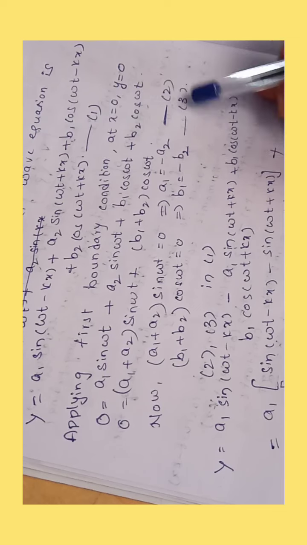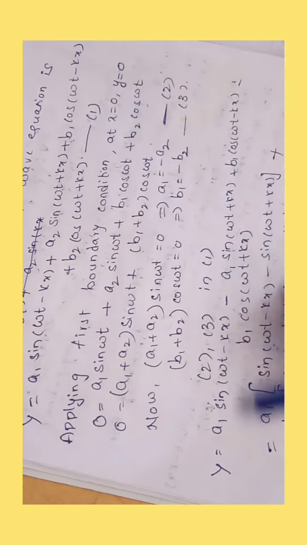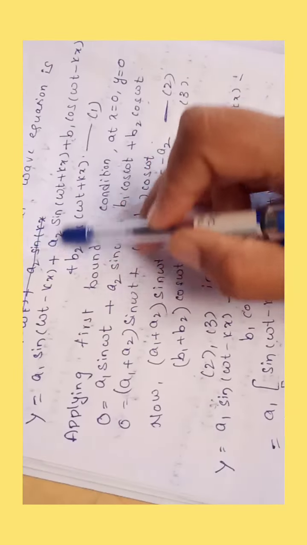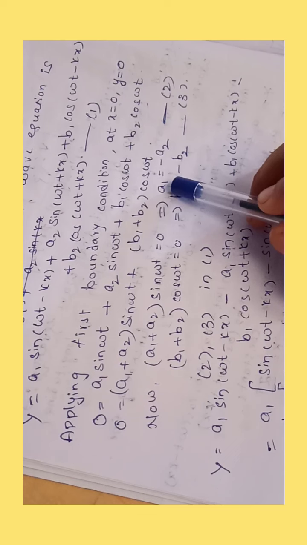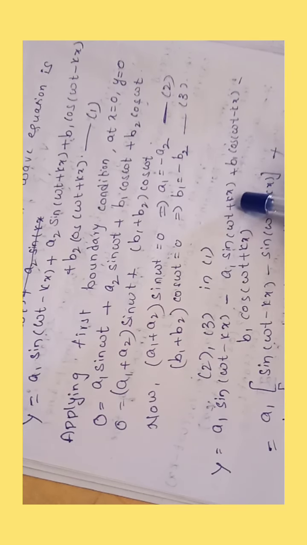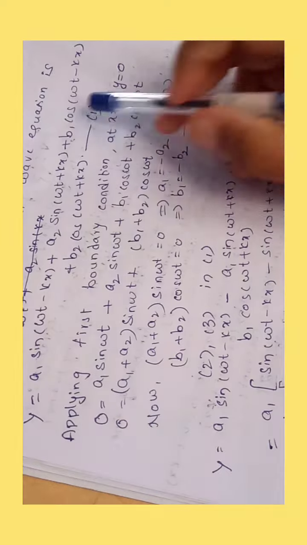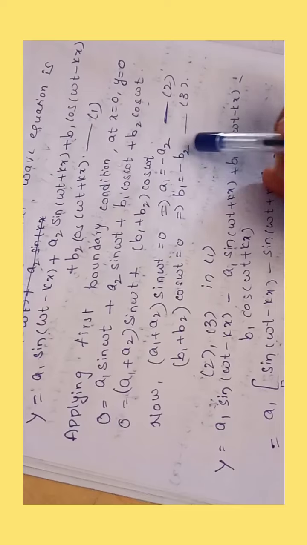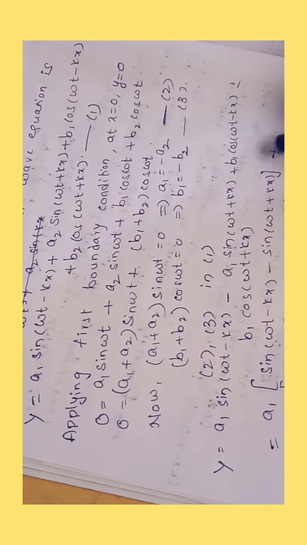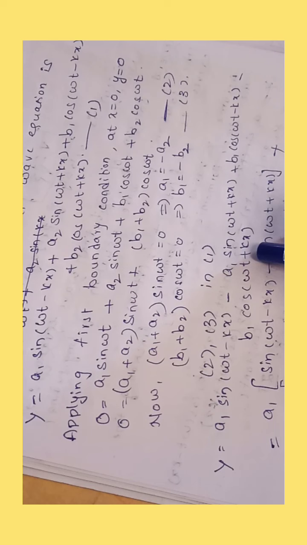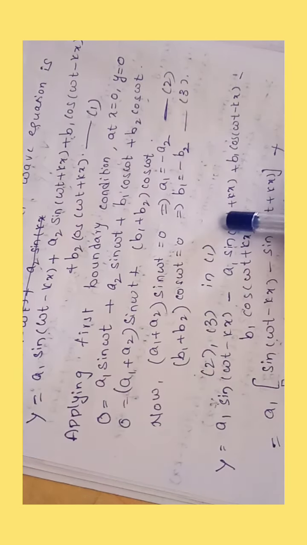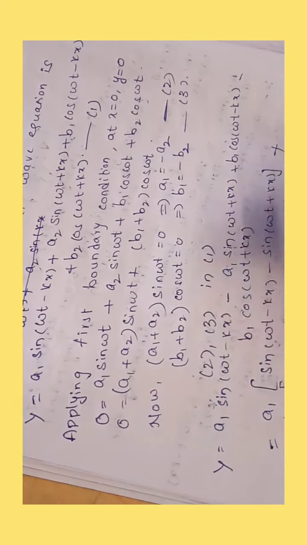Now substituting these both relations in equation 1, we will get y equal to a1 sin(omega t minus kx), and in place of a2 I am substituting minus a1, so minus a1 sin(omega t plus kx), plus b1 cos(omega t minus kx), and in place of b2 I am substituting minus b1, so minus b1 cos(omega t plus kx). Now in the first two terms we can take a1 as common, in the last two terms we can take b1 as common.